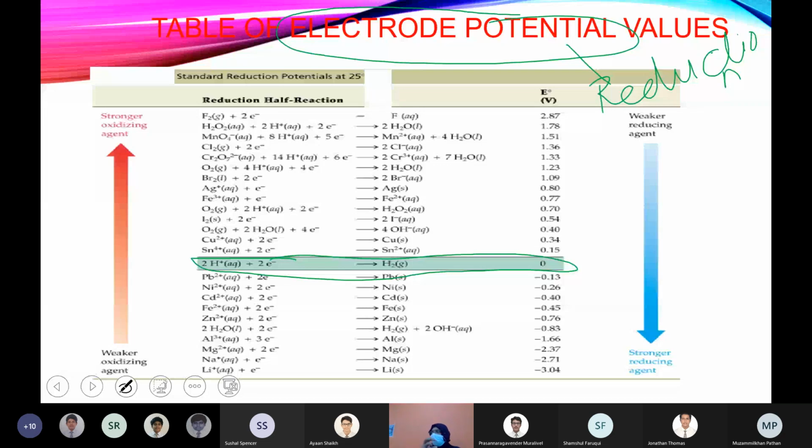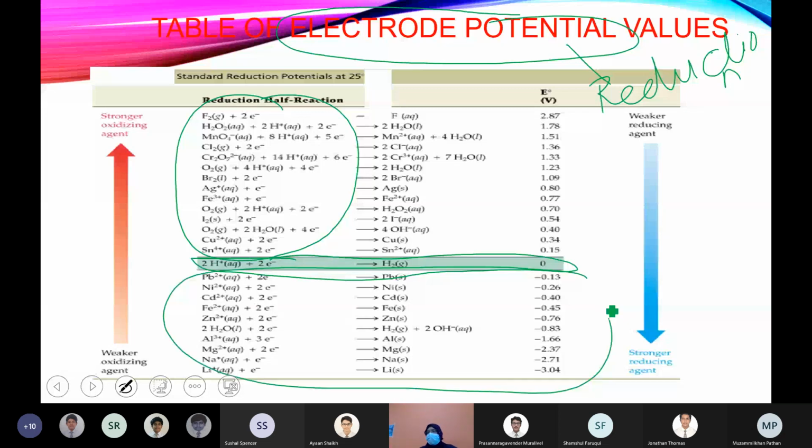So if a reduction potential is positive, these ions during the reaction have a tendency to gain electrons, because they have a tendency to undergo reduction. And the one with a negative value, which means a negative reduction potential, has a tendency to undergo oxidation. That's why the reduction potential is negative, right?